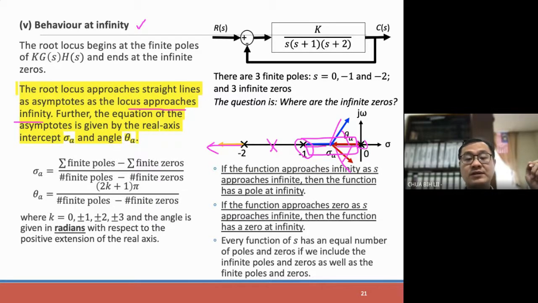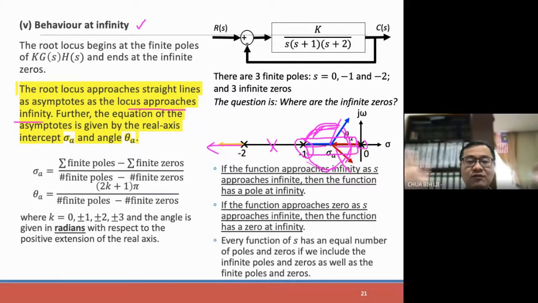So eventually, they form a circle which has equal angles. So this is probably 120, and this one 120. So roughly it is like that.